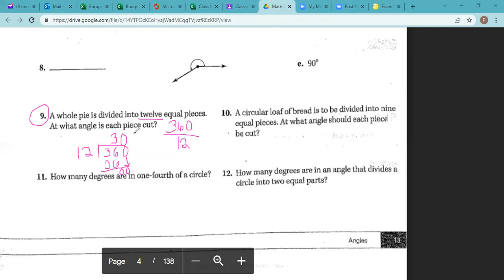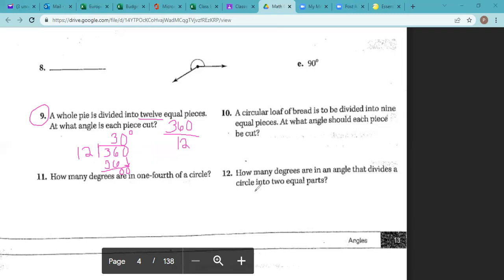Again, if you had another 0, you'd have to carry it down. 12 can't go into 0, and then put another 0 here, and you'd have 300. But we're going to go ahead and stop right here. So if you were to divide 1 whole pie, that's 360 degrees, by 12, your answer would be 30 degrees.